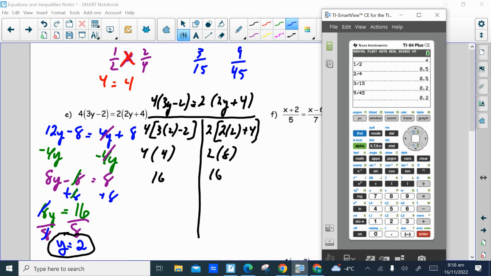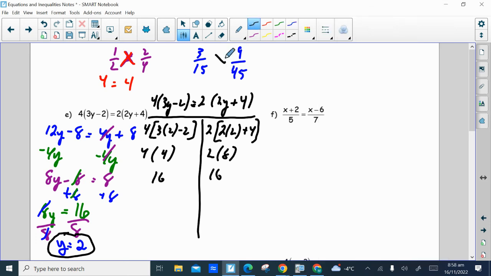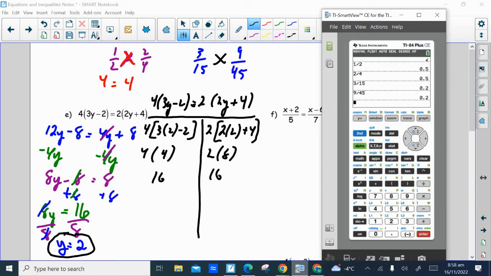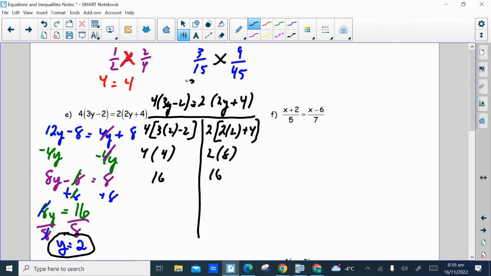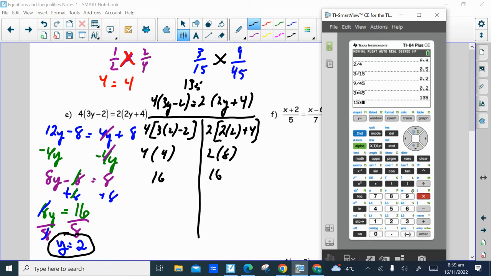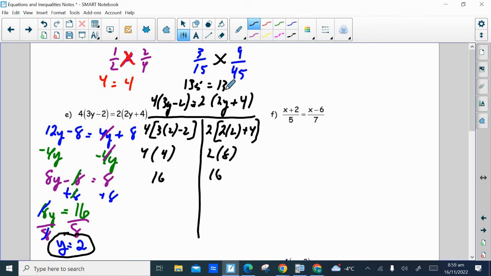They are equivalent, which means their cross products will be equal. 3 times 45 is 135, I think. 3 times 45. Yep. And that should equal 15 times 9. And it does. Whenever 2 ratios are equal to each other, their cross products are equivalent.